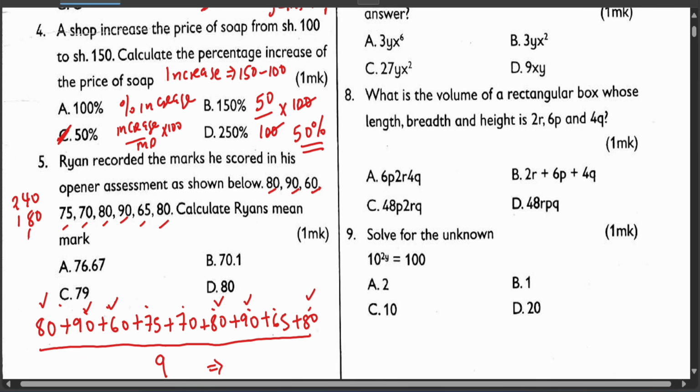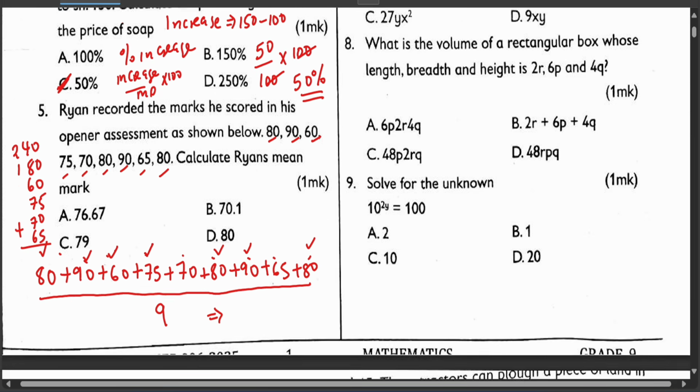So 60 plus 75 mara moja pia, plus 70 mara moja, plus 65 mara moja. So you just add this all up. Angalia itatupa ngapi. Kwa vile ni grade 9 nadhani mkubalia kutumia calculator, so you can use a calculator for that. But if you add all of those up, it should give you a total of 690.